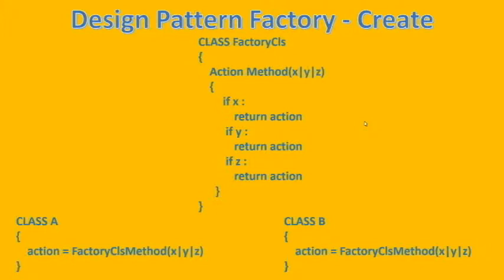An action method is passed either X, Y, or Z, and then here we have the logic. So if X changes, we come here and change the logic, and our work is done. The factory is consumed by the classes, returning an action, so we just pass either X, Y, or Z to that class. In this way, we are moving the logic from our client to the factory that's going to do the work.